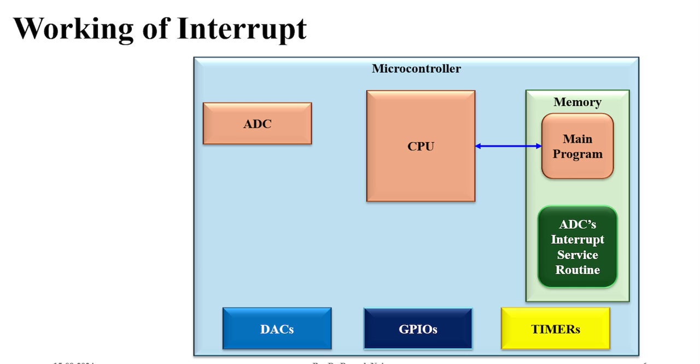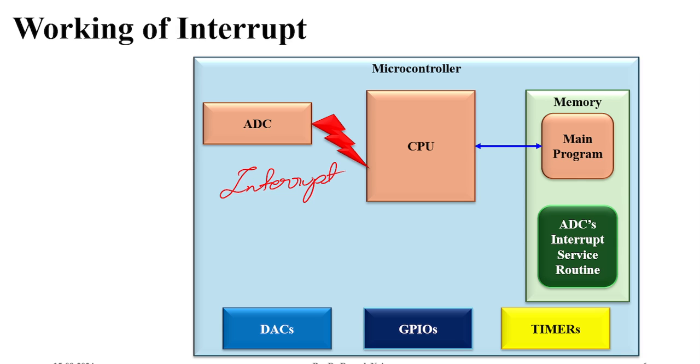In such a case, suppose any peripheral wants to inform the microcontroller that it has some data to be processed. That particular peripheral, in this case for example the ADC, can generate an interrupt to the CPU.